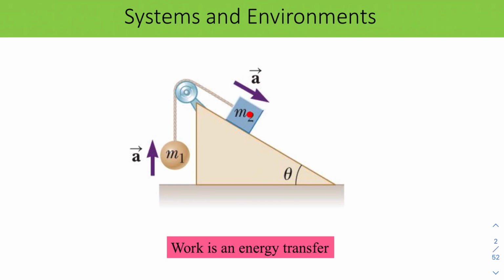So there is energy transfer from M2 to M1. In simple terms, we can say that work is an energy transfer. For this case, it is in terms of mechanical energy transfer.